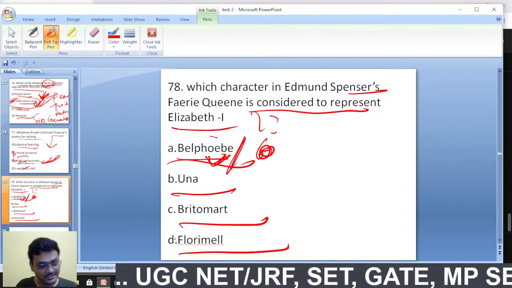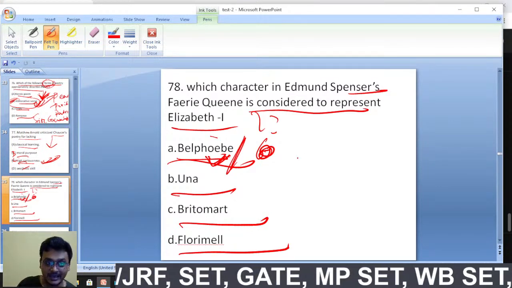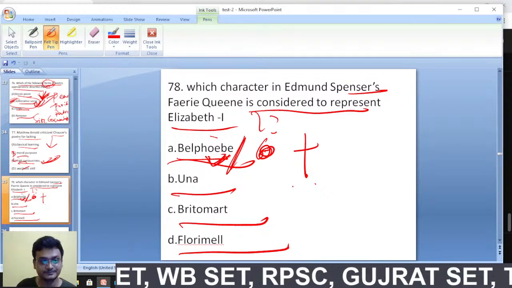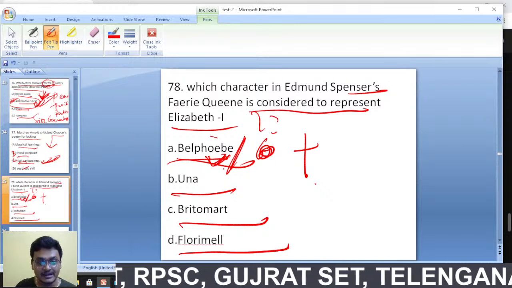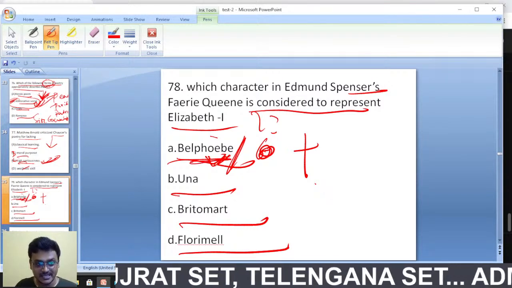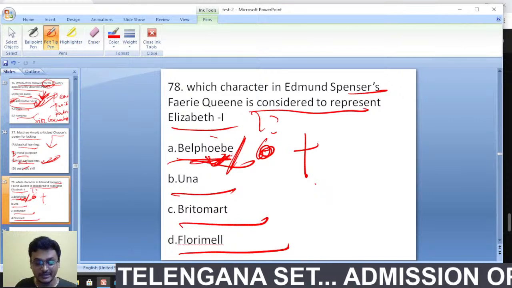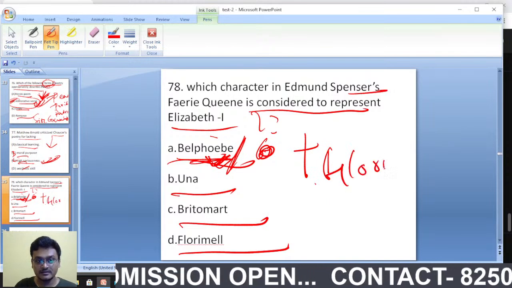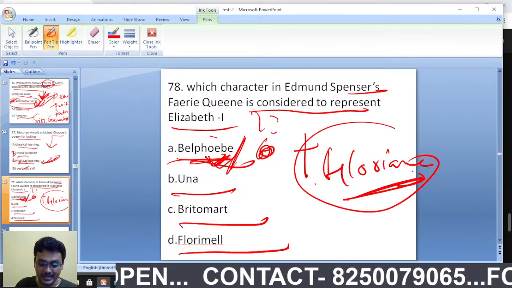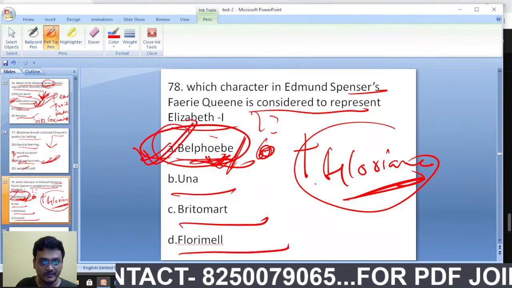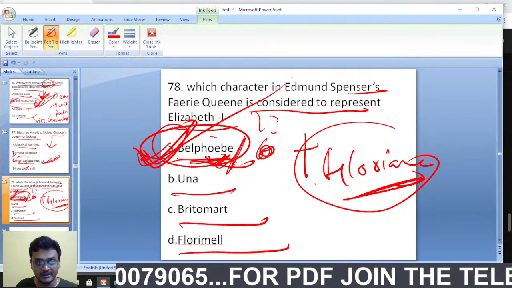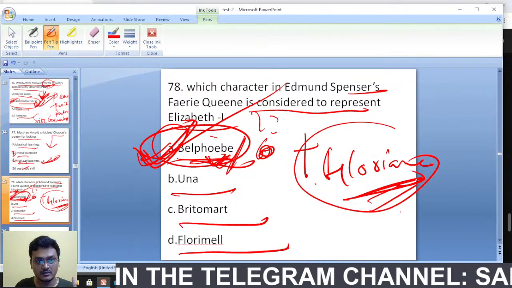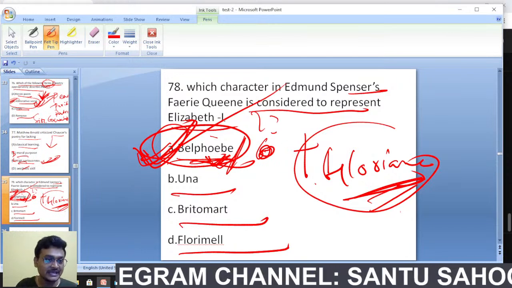Belphoebe and Gloriana, these two represent Elizabeth I in the Faerie Queene. Belphoebe is the right answer.